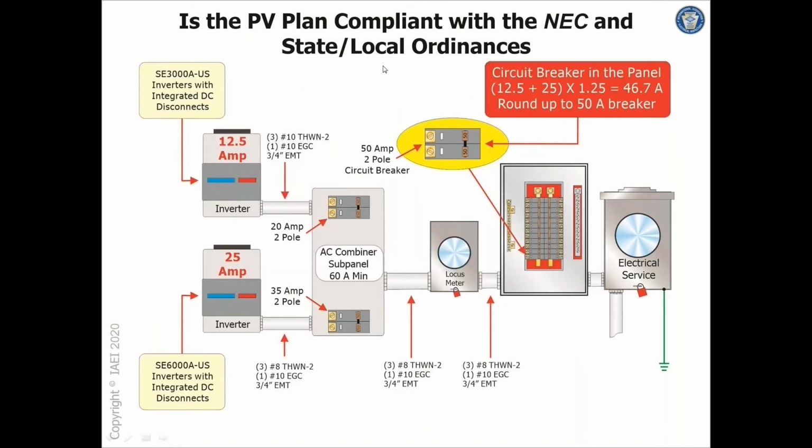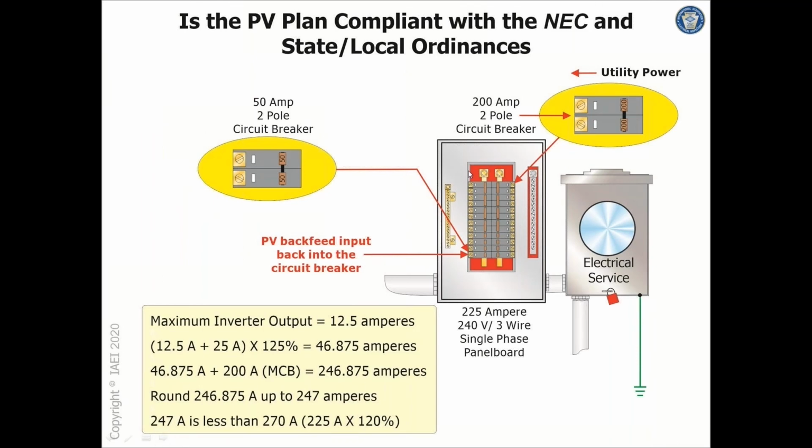Going back to our larger system with two inverters, we have in this case an input of about 47 amps from both inverters to this bus bar. So is that compliant? Let's see. We have a 225 amp rated bus in this case.